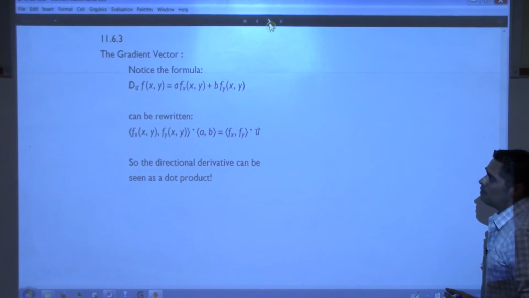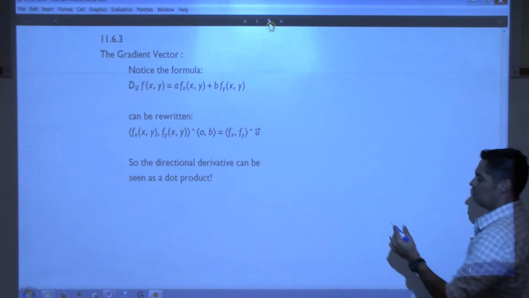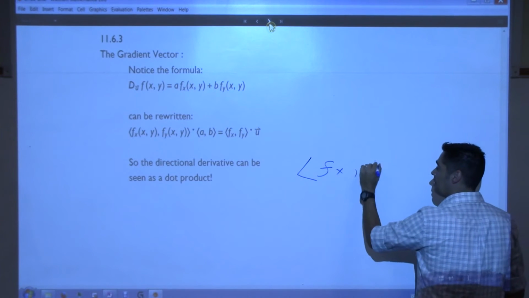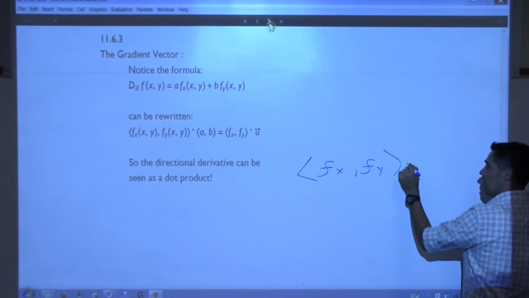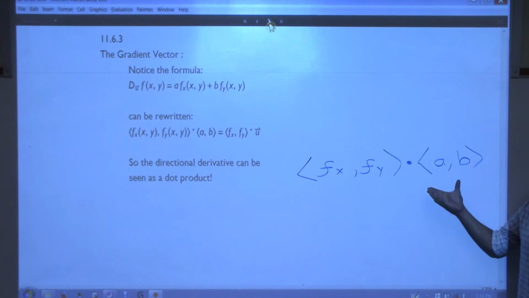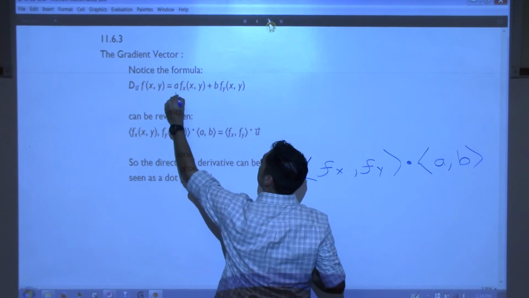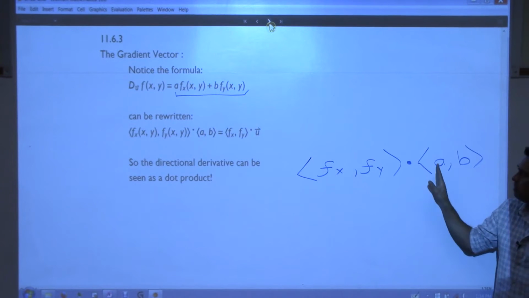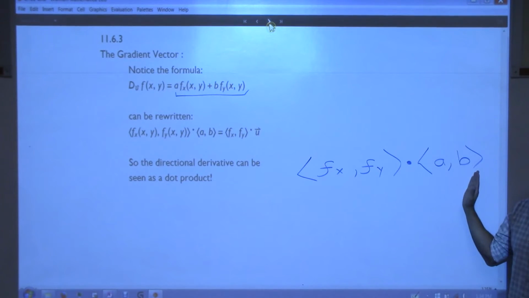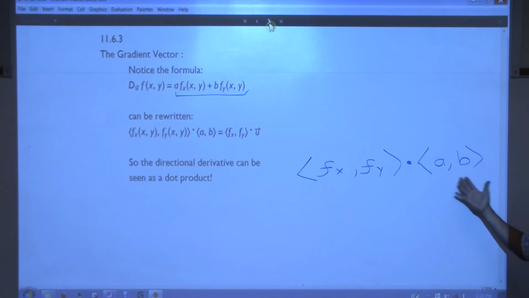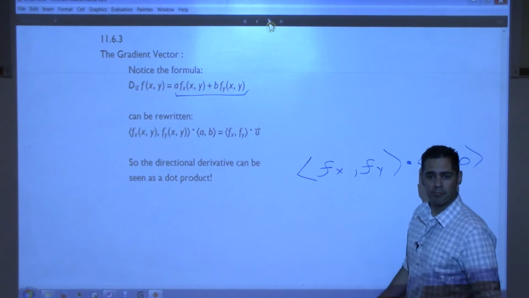If I were to create a vector where the first component was the partial of f with respect to x, and the second component was this, and I dot that with the vector AB, then wouldn't this be equal to this formula right here? Because when you dot product, don't you do this times this plus this times this? Isn't that what you do when you do a dot product? I know it's been a while since we did dot products, but dot product was easier than cross product. So this right here is another way of writing the directional derivative, isn't it?